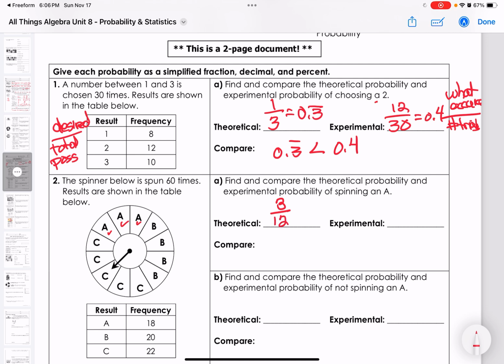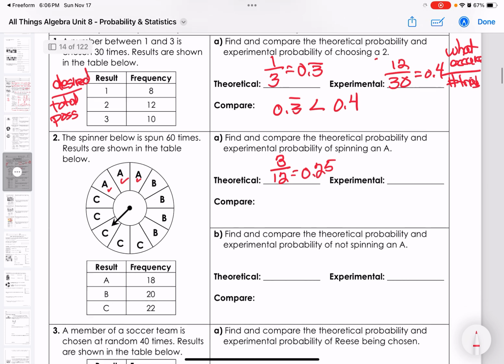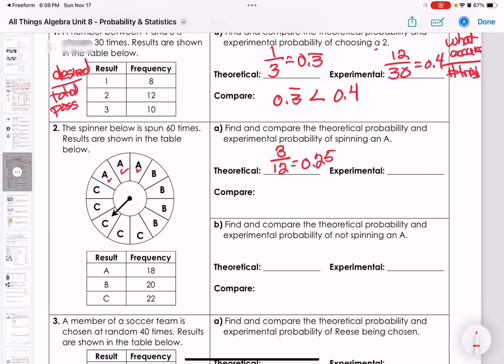So that is 3/12, which is 1/4 or 0.25. Now the experimental: it says the spinner is spun 60 times and the results are shown in the table. So how many times did I get an A? That was 18 over a total of 60.